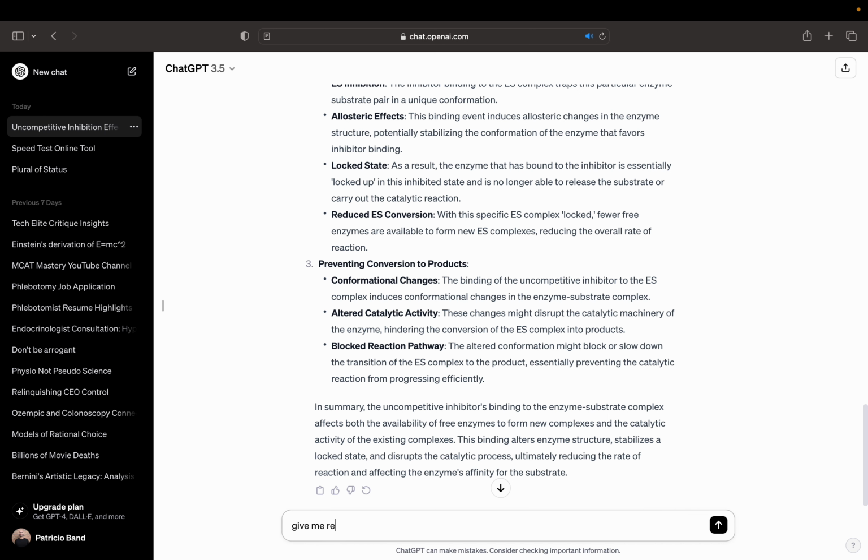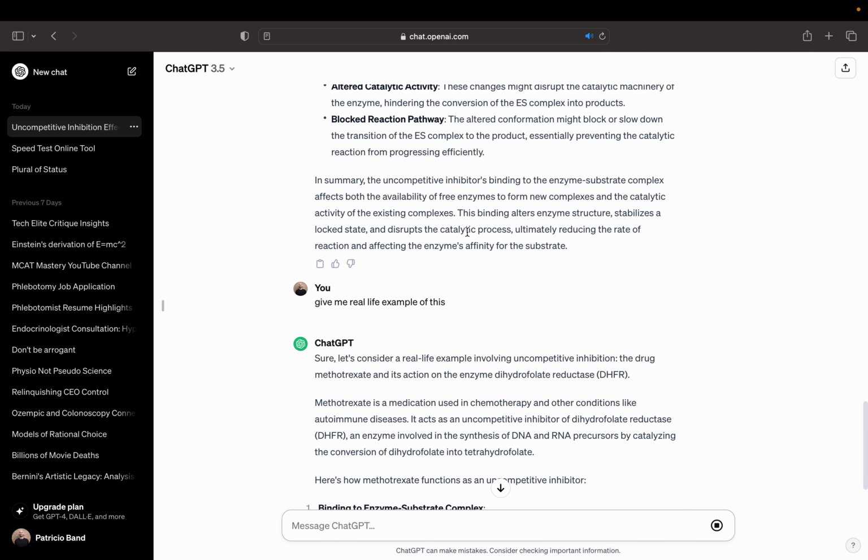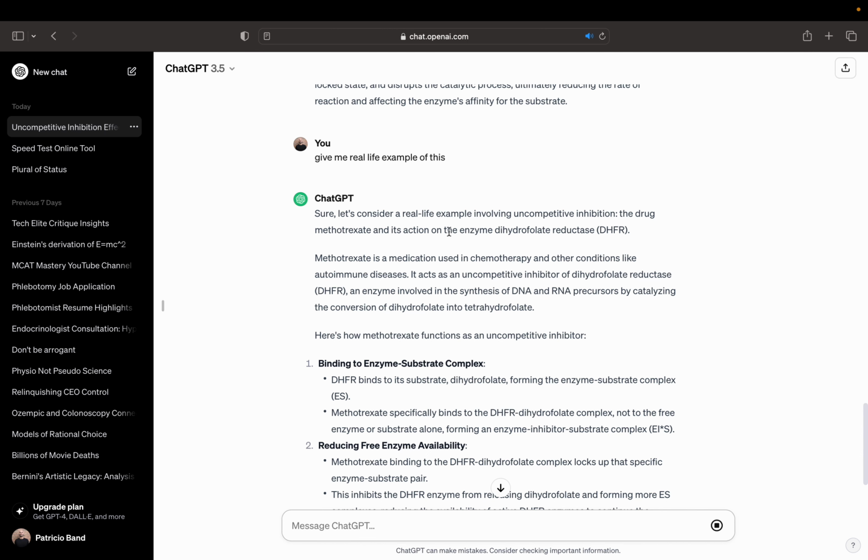Give me a real life example of this. The drug methotrexate in its action on the enzyme DHFR, dihydrofolate reductase.